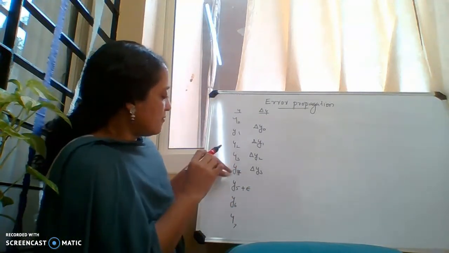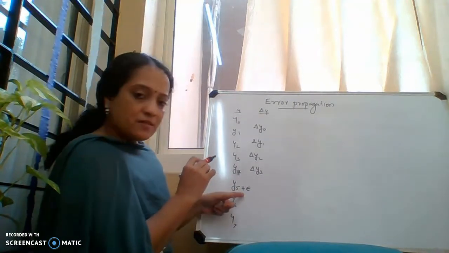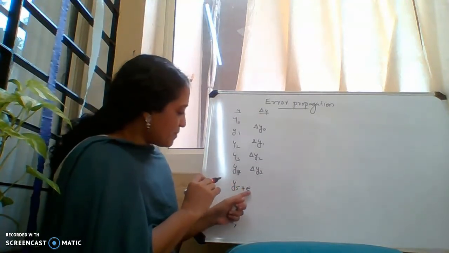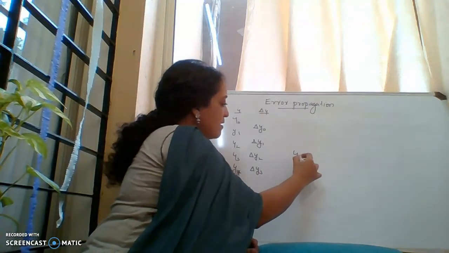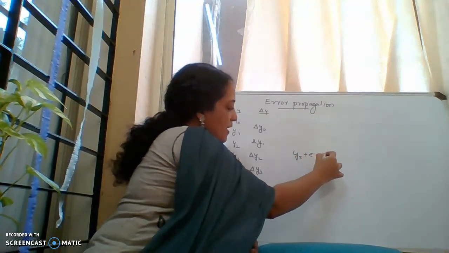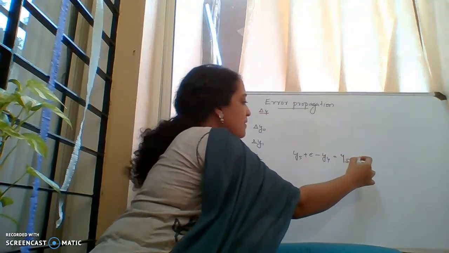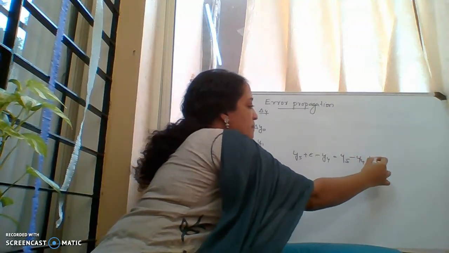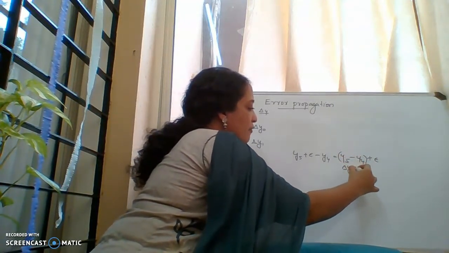So here we have taken the difference between y4 and y3. In the next step, we have to take the difference between y5 plus epsilon and y4. That is, we are getting y5 plus epsilon minus y4, that is equal to y5 minus y4 plus epsilon. And this is delta y4.